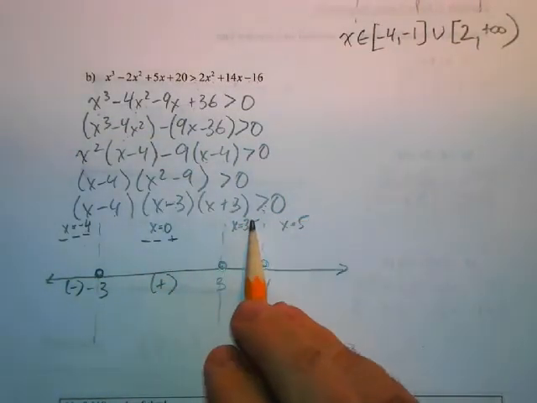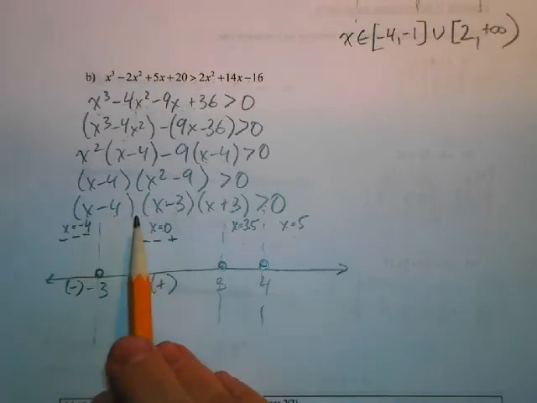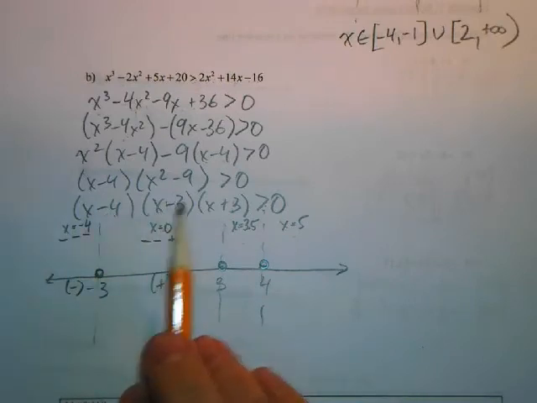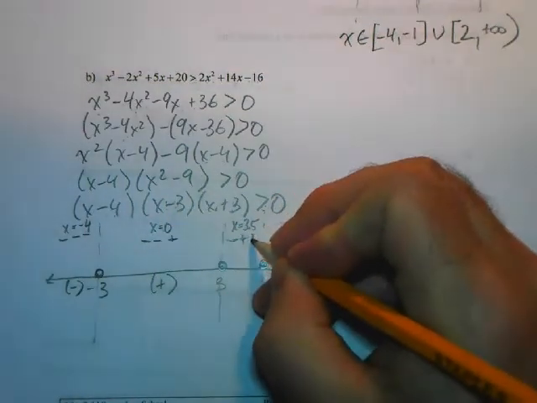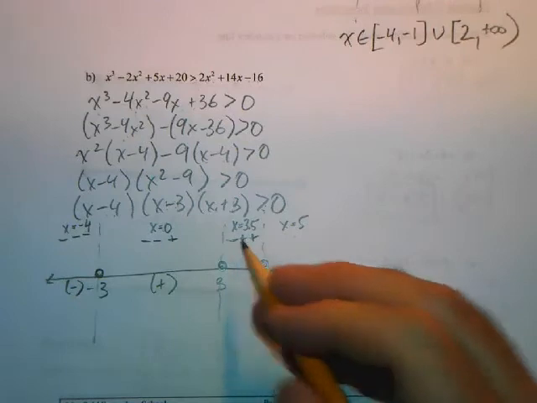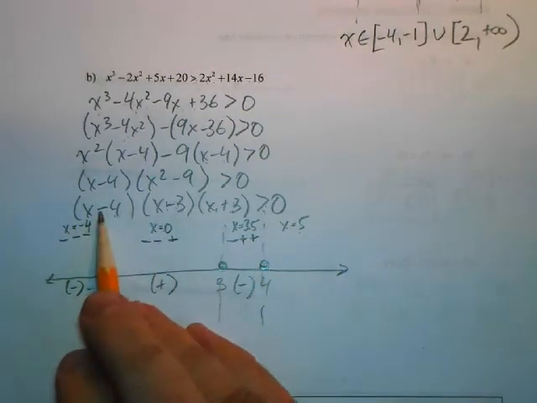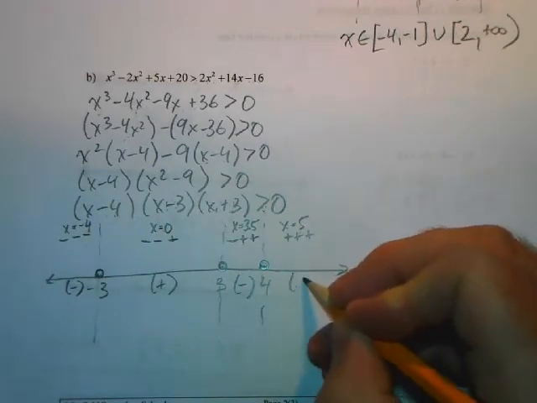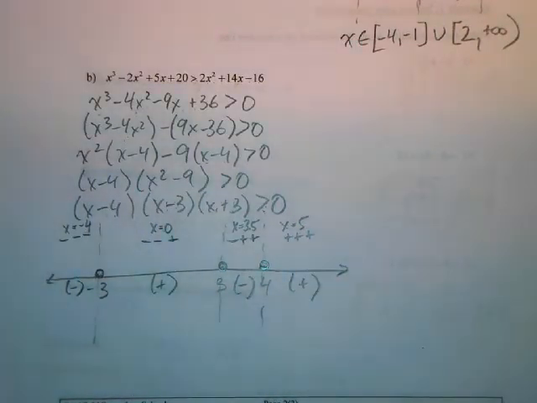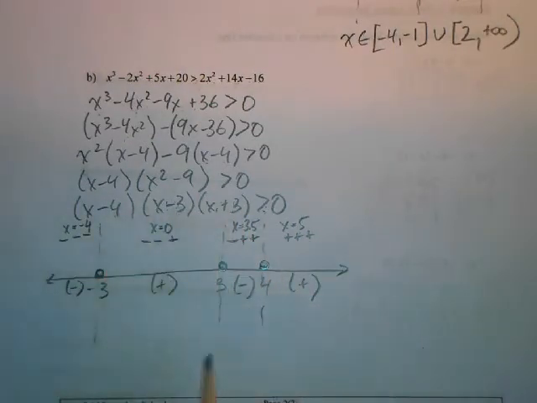If I plug 3.5 in, that is negative, that is positive, and that is positive. So negative, positive, positive. Okay, and overall that's going to be negative. And then finally 5, you can see that all 3 would be positive. So overall it's positive. And that's because we're multiplying all these factors.